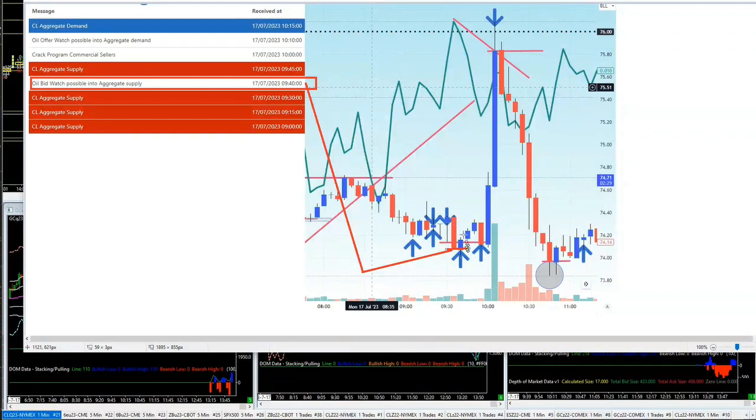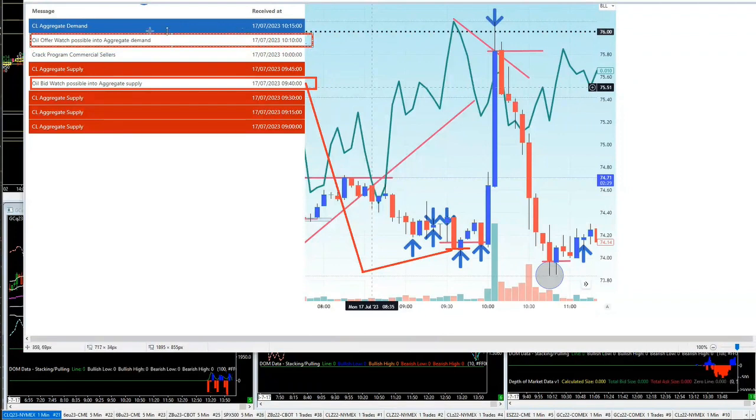Now, what happened next, of course, was that we then saw at the very top edge this trade storyline changing. You might be able to recognize it for yourself, but there it is there. Oil. Offer watch, possible into aggregate demand, followed by aggregate demand. In other words, followed by the liquidity that we're needing. Where did the liquidity come from?